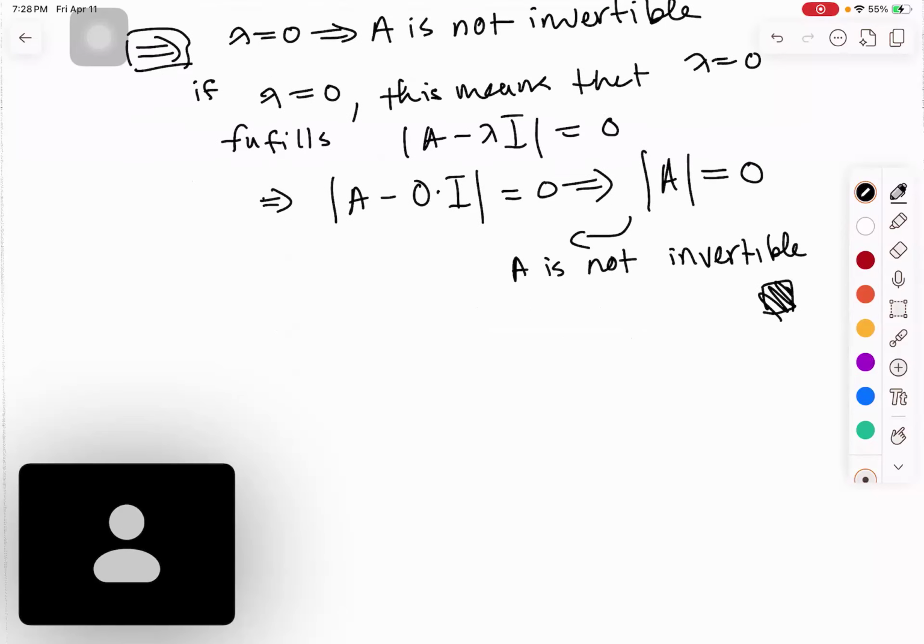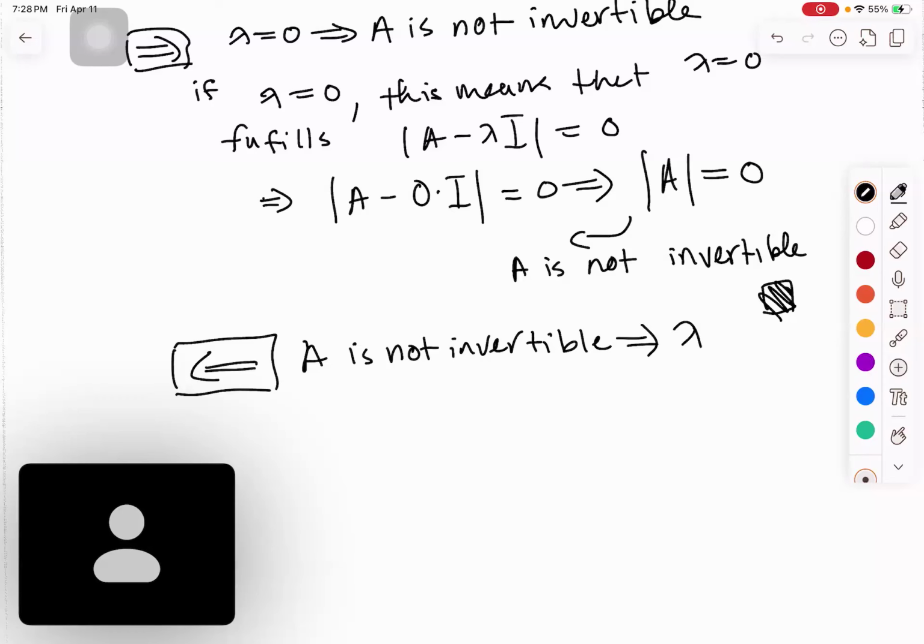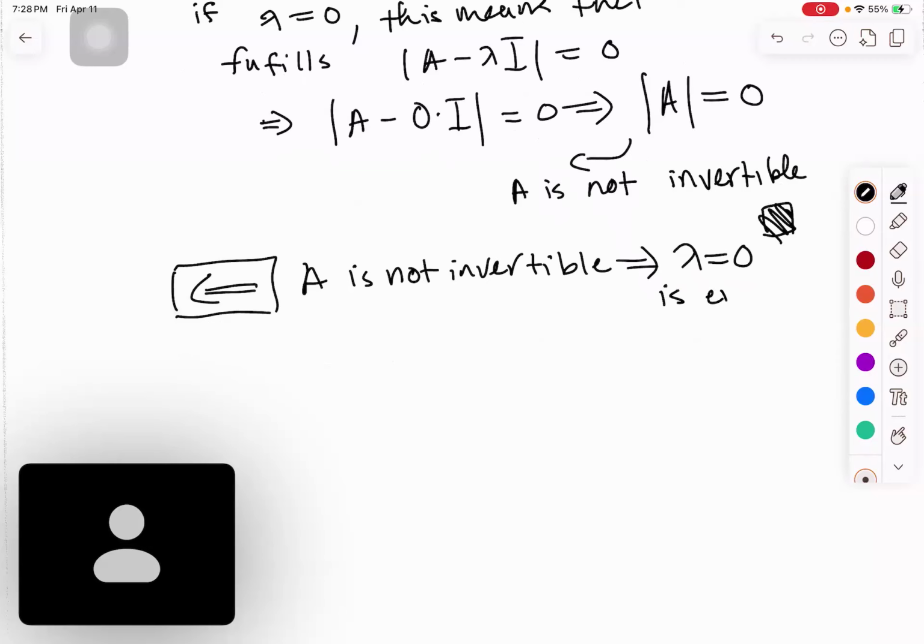Okay, now we got to prove the backwards because it is an if and only if question, right? So A is not invertible implies that lambda equals 0 is an eigenvalue. Let me write that down, eigenvalue. So from this, since we know that A is not invertible, the determinant of A is equal to 0.